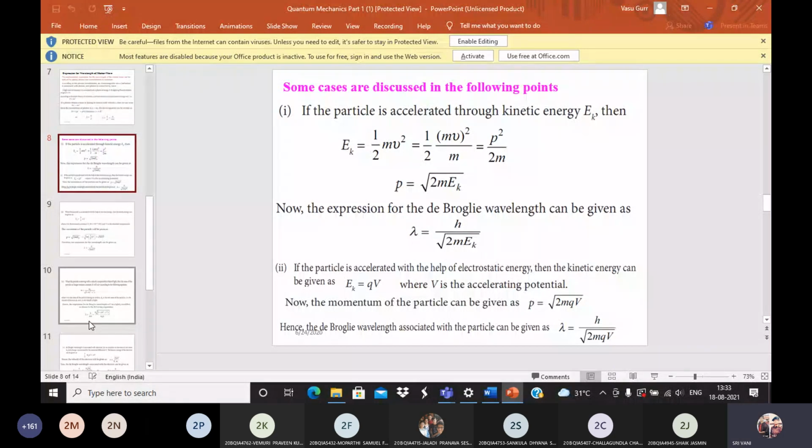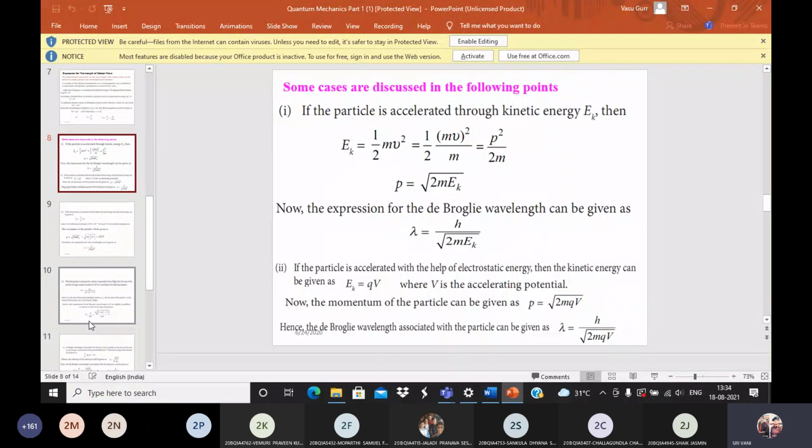Again in the denominator, we have a square root. Simplify the 10 power values and then the remaining coefficients. We have 10 power terms in h, Planck's constant.